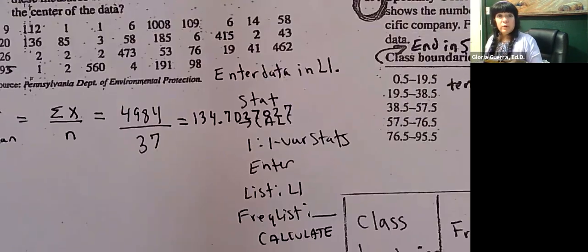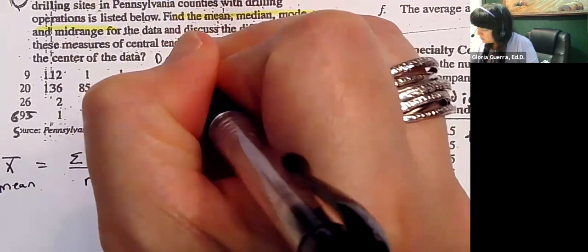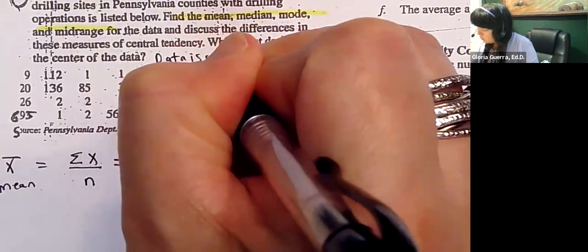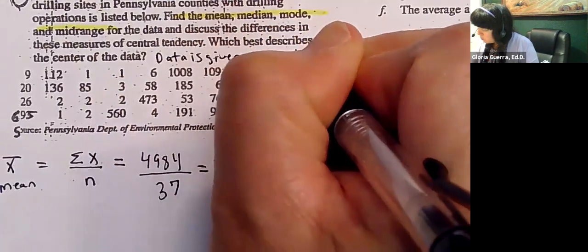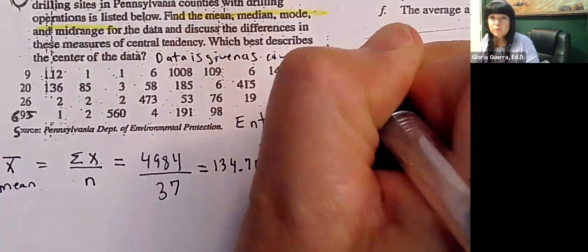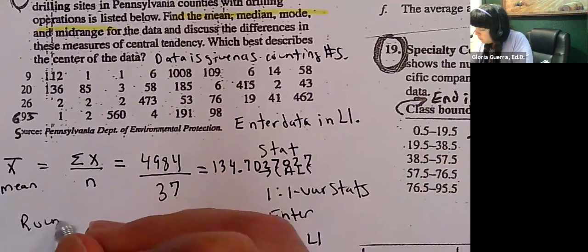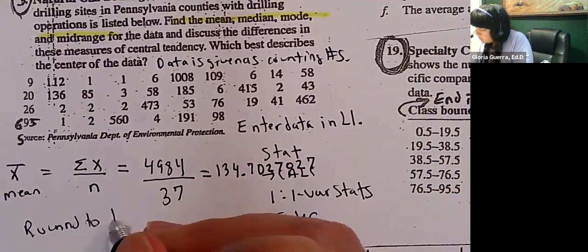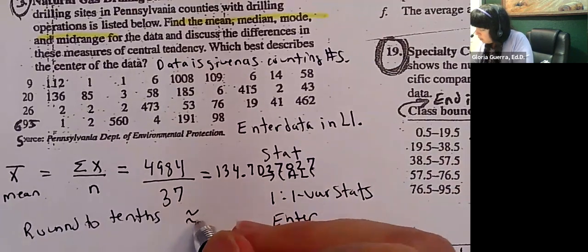Okay, now as far as rounding, see how data is given as counting numbers, right? All these are counting numbers. So I would go ahead and round the mean to the tenths place, 1 decimal place beyond how that data is given.